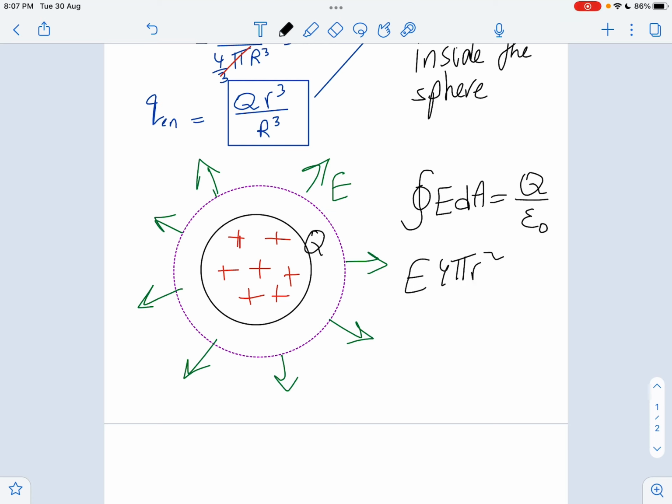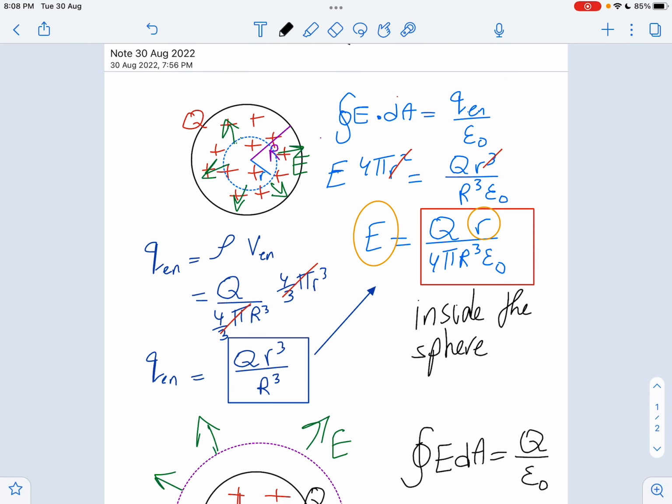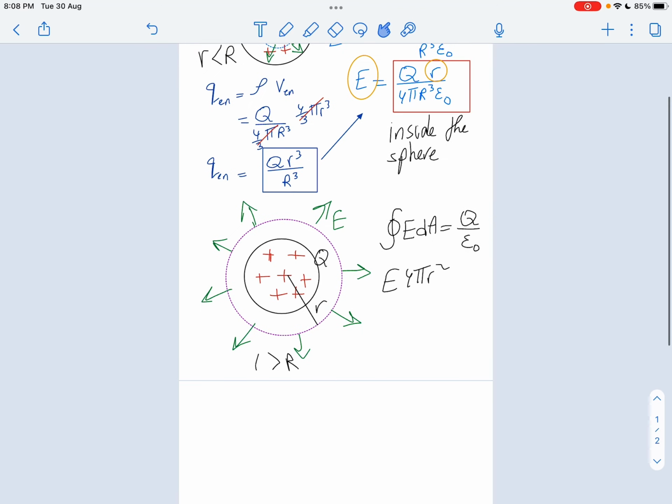Now here, this is capital R, and this is small r. So here, small r, for this example, is bigger than the radius of the sphere, while in the previous one, small r is smaller than the radius of the sphere.